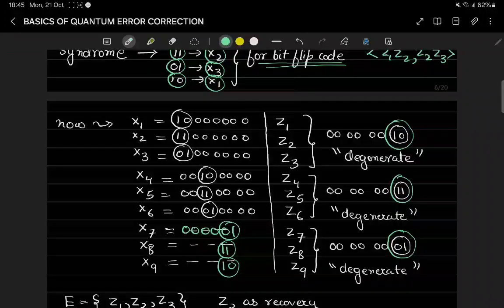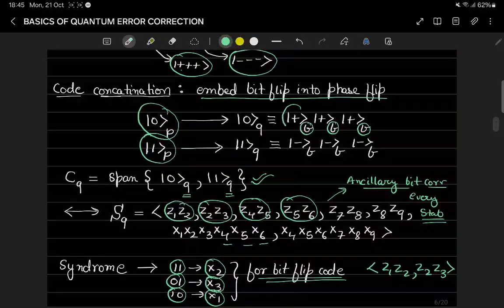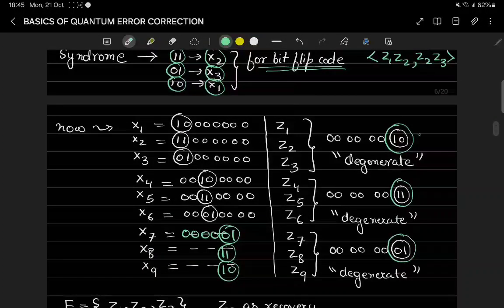So how does this work? This works because of this concatenation technique. So we have the entire block Z1, Z2, Z3 that corresponds to this first plus, and that will have a 1, 0 that corresponds to an X1 error.